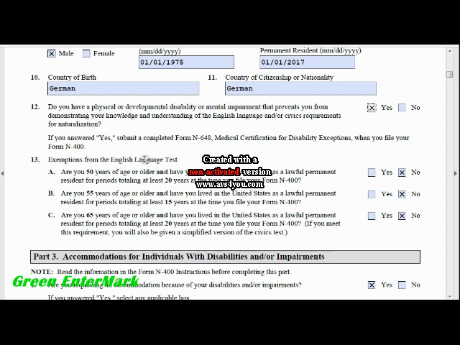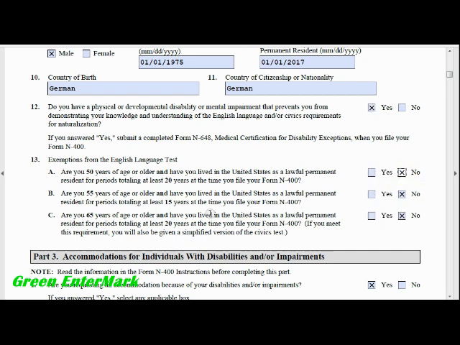If someone has poor English or cannot hear, or has some other disability that stops them from understanding English, just like: are you 50 years of age or older and have you lived in the United States as a lawful permanent resident for a period totaling at least 20 years at the time you file your Form N-400? If you have been residing here 20 years and you are an older person, you put yes.